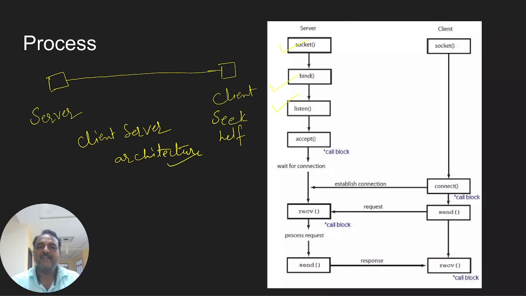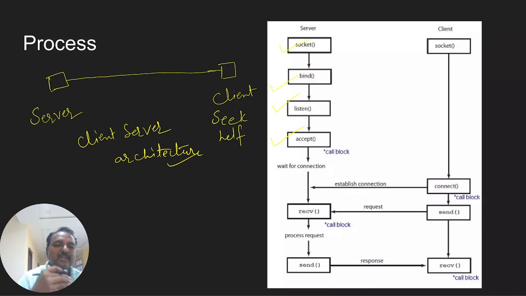After the listen method, we have a method called accept. Whenever I execute this accept method, a connection is established between the client and the server. A connection established means that there exists a virtual circuit between the server and a client.